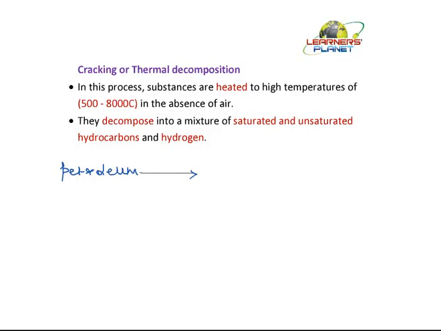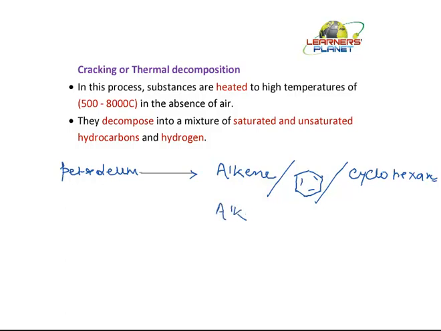I can get alkene, or I can also get benzene, right? Or I can get cyclohexane, or I can also get some alkane. So they decompose into a mixture of hydrocarbons, saturated as well as unsaturated. So this is about the combustion of hydrocarbons.